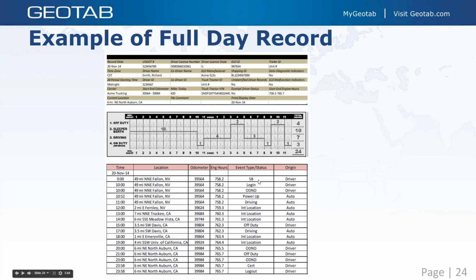Over here, you'll see that there's not only duty statuses, but also other snapshots: the power up event, intermediate location, when the driver logged out, things like that. This is very similar to our compliance print as it stands today. This is exactly what's going to be used, and this is what will be sent to an officer, either on a display, as a printout, or as an output file.